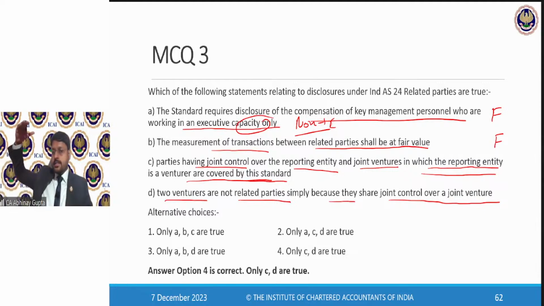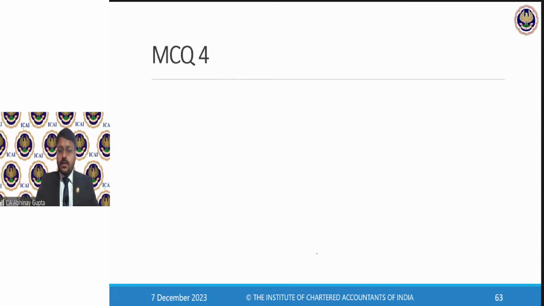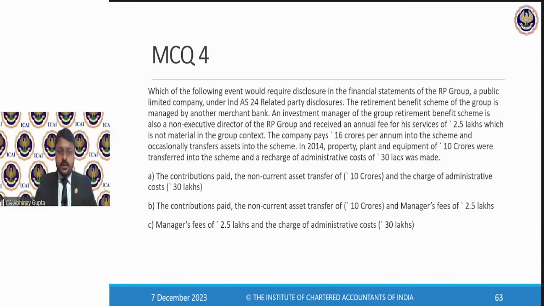So parties having a joint venture. So for the reporting entity, both the joint venture parties, joint controllers A and B, are covered. So this is true. And two venturers are not related simply because they share joint control. True. So only C and D are true. So fourth option is correct. Correct. A.